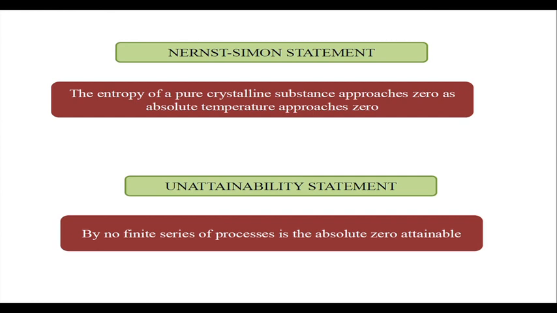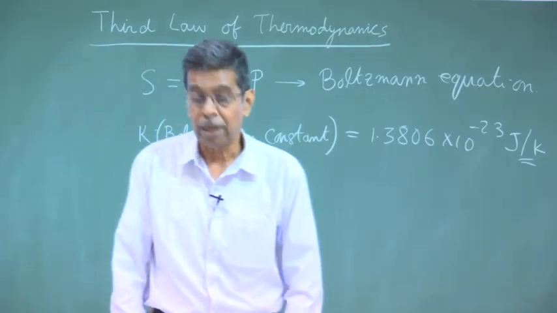The Nernst-Simon statement: the entropy of a pure crystalline substance approaches 0 as absolute temperature approaches 0. That, as I have explained. And another is the unattainability statement, which is that by no finite series of processes is the absolute 0 attainable. So these are the two statements of the third law of thermodynamics.